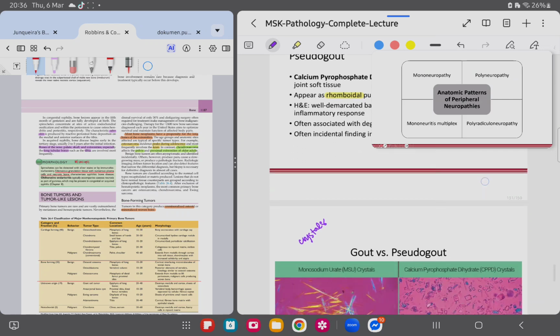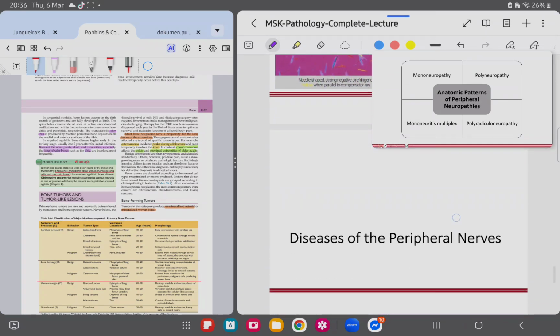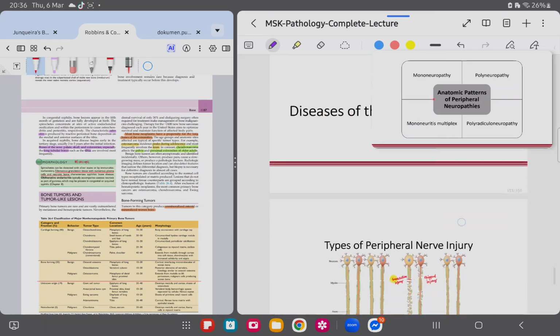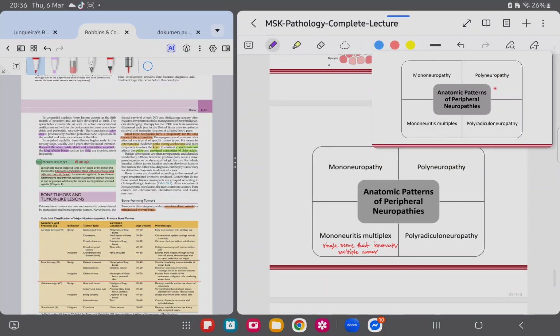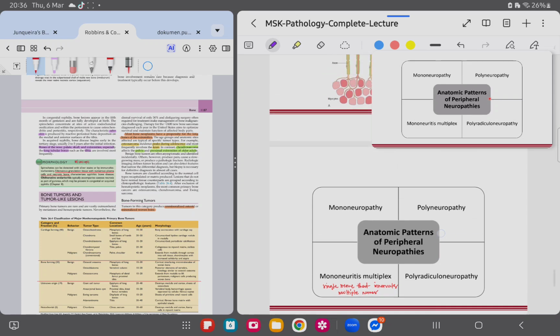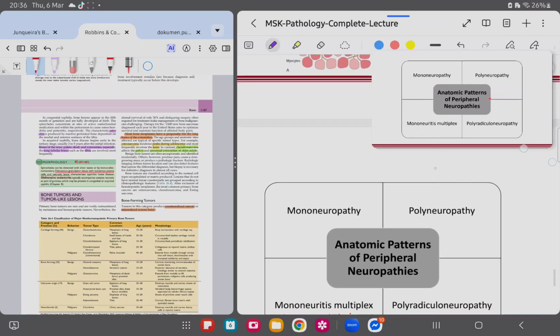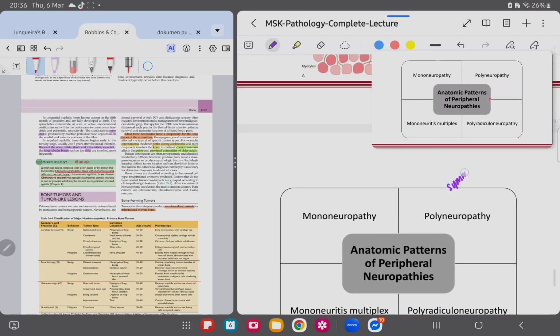And then, please be familiar with the different anatomic patterns of peripheral neuropathies, whether only one nerve is involved, whether multiple nerves are involved, or whether the ganglia of the nerves are also affected. So the classic example of polyneuropathy that is symmetric and involves the distal extremities will be diabetic neuropathy.